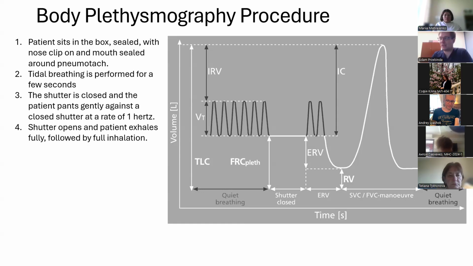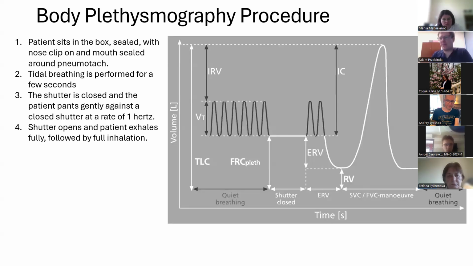That causes the pressure in the lungs to drop and increase, and there are reciprocal and equal changes in the box. Based on those relationships and the equations shown, we can then find out this volume, which is this FRC here. Okay? After this procedure is done, the patient takes a full exhalation and then a full inhalation, and then we're finished with the whole thing. Okay? So that is body plethysmography.